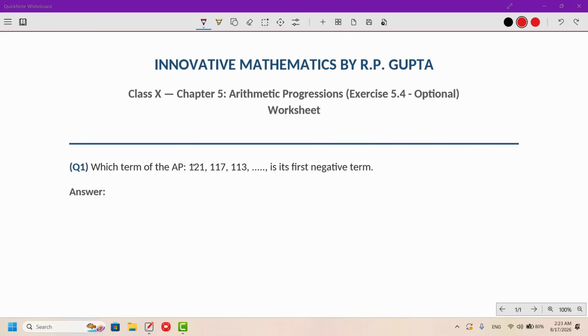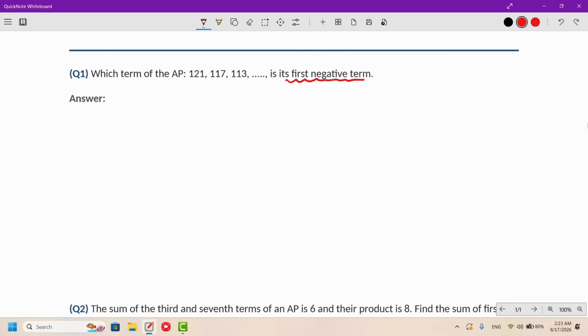In the first question, what is the first negative term? First negative term means an should be less than 0, right? So a plus (n minus 1) into d should be less than 0. Here a equals 121 and d equals 117 minus 121, which is negative 4.